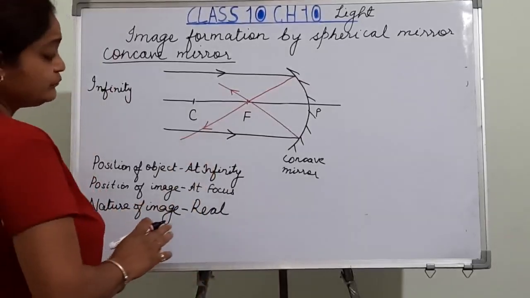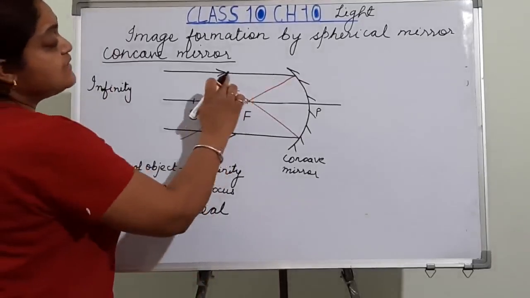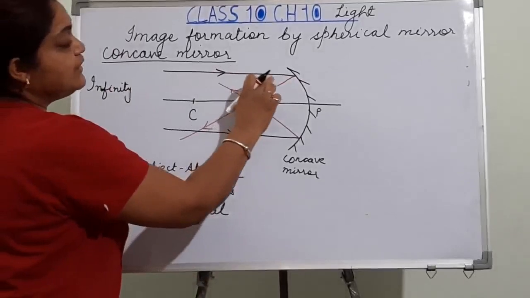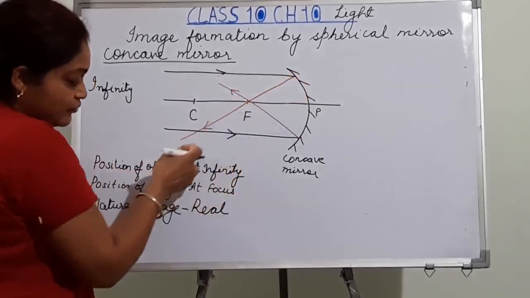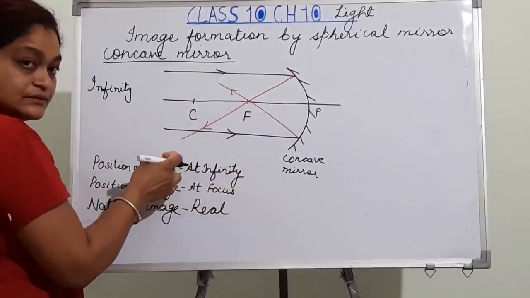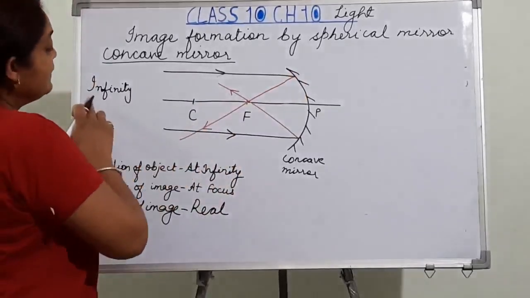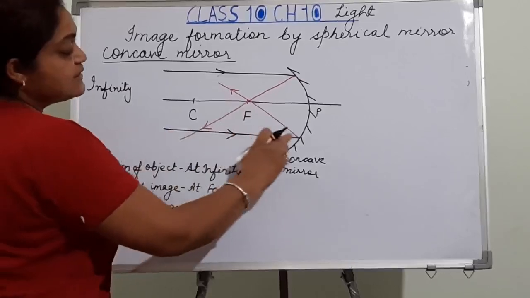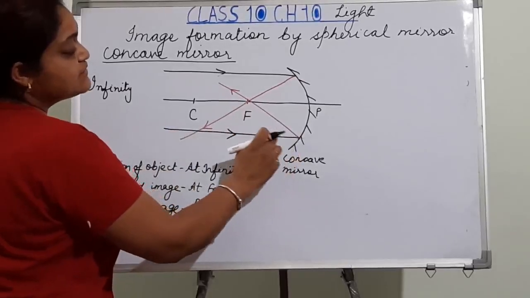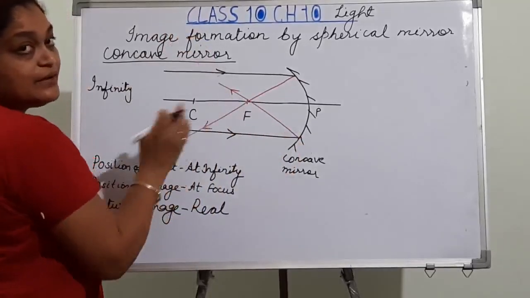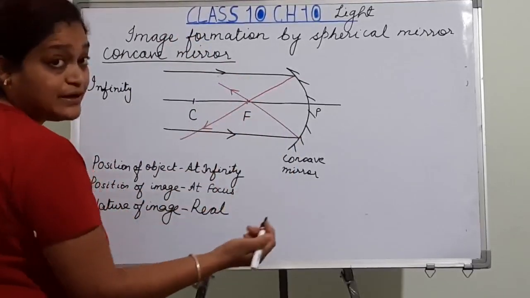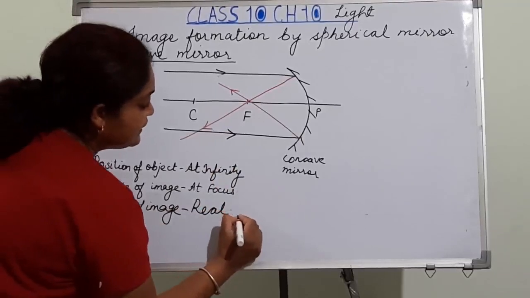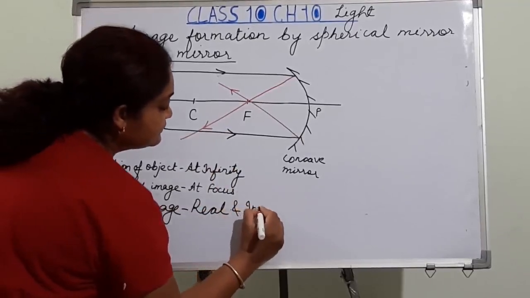Now, one more thing, you can see that this is incident ray, and the reflected ray is going downwards. Then this is the incident ray and reflected ray is going upwards. So it means that the image is inverted, real and inverted.